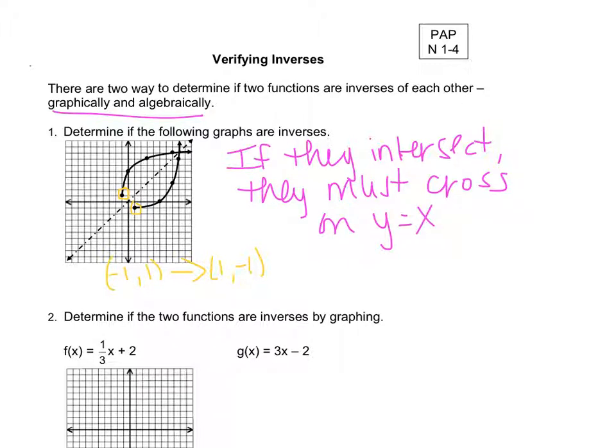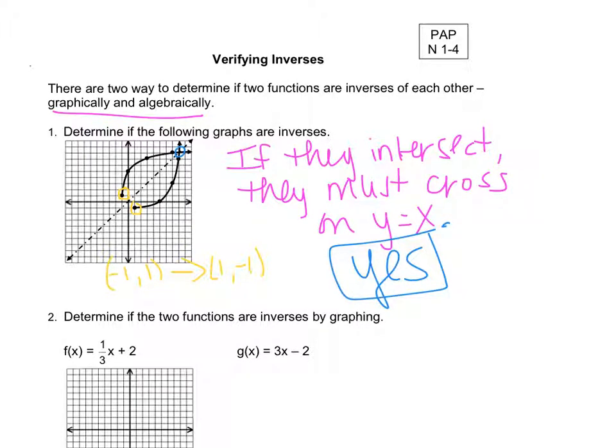Notice on this one, they are intersecting, and it's at that point there, which is on the line y equals x. So that's also something you need to check for. They don't have to intersect, but if they do, it has to be on your reflection line. So these two would be inverses. You can check all the points. It's reflected over that line y equals x because they're just flipped.